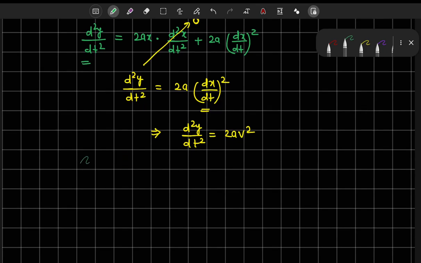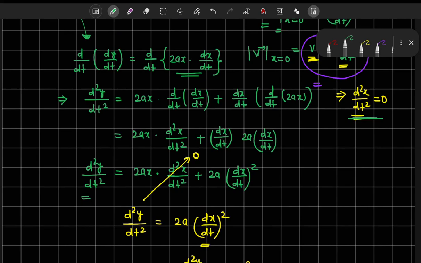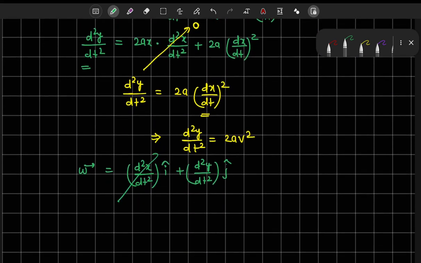So if we write the acceleration vector, we can write it as d²x/dt² i cap plus d²y/dt² j cap. Here d²x/dt² is 0, so this term is 0.